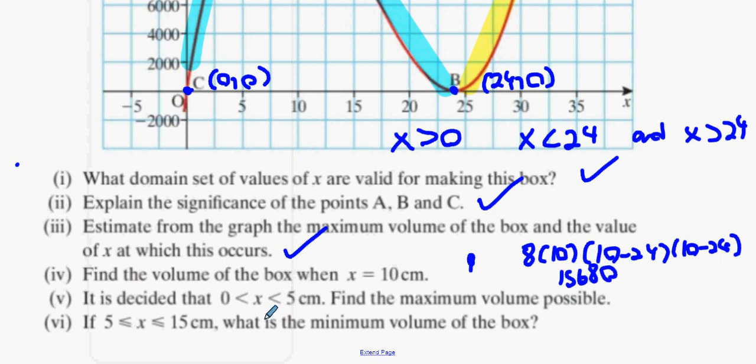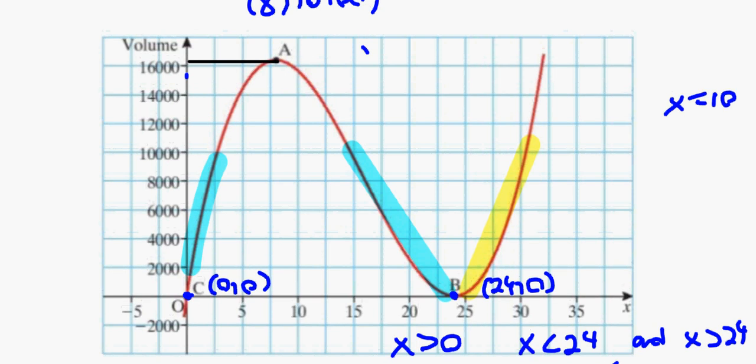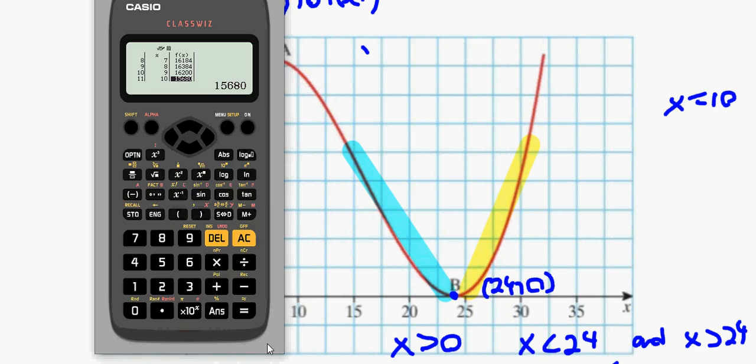It is decided that you should go from 0 to 5. What's the maximum volume possible? 0 to 5, what do you reckon? What do we think? Do we even need to estimate it? Nope. 14,440.